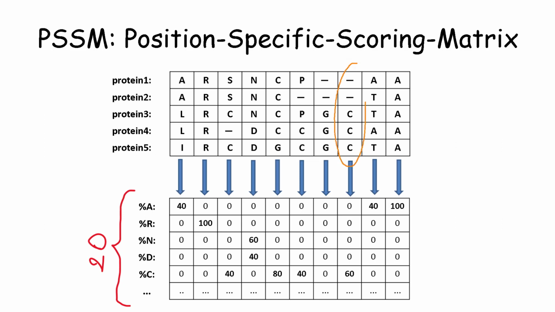For example, in this column, all of the proteins that do have a residue in that position have the letter C. Assigning the frequency of cysteine to 60% does not do justice to this strong conservation. One may easily argue that the frequency of cysteine should be 100%. For that reason, in some formulations of PSSM, the calculations are done ignoring the gaps.